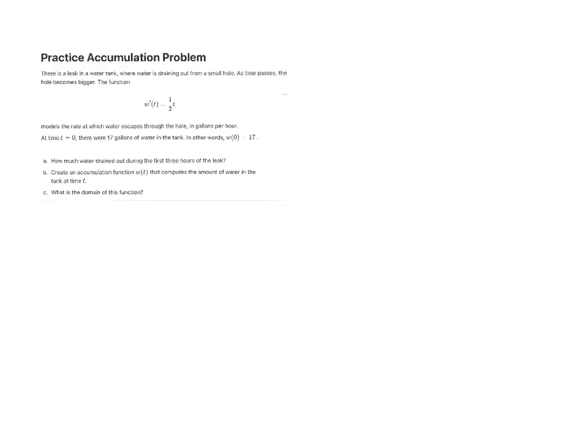So in part A of this problem, we are asked to find out how much water leaks out in the first 3 hours.